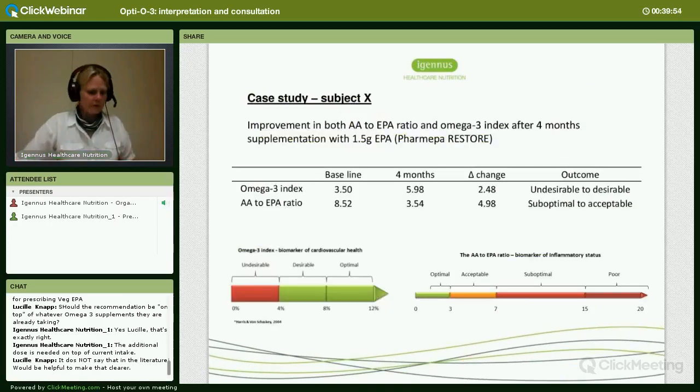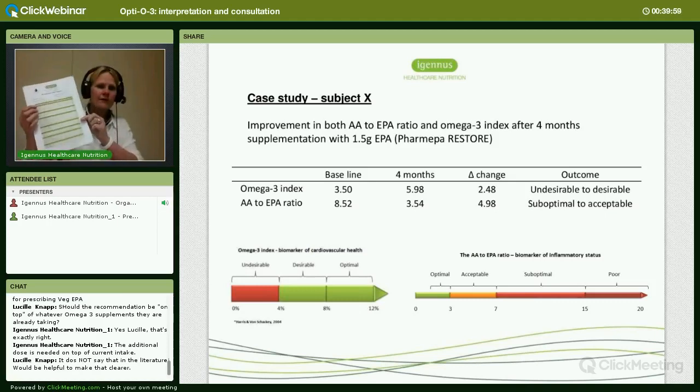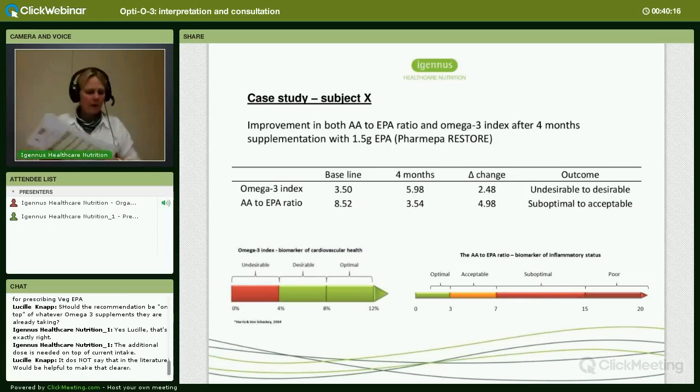We do provide, obviously, all the different types of fatty acids. For the nutritionists out there, this can be quite useful. For those of you who aren't necessarily nutritionists, it's just a bit of extra information. You don't need to pay too much attention to this. It's the biomarkers that are of interest, and it's optimizing these biomarkers that should be the focus of your recommendations.